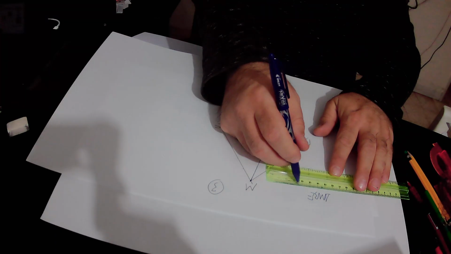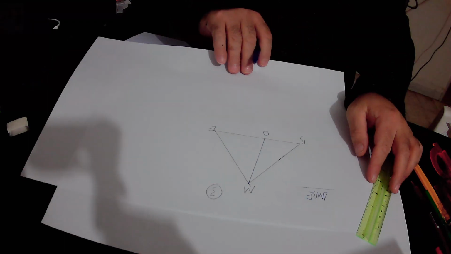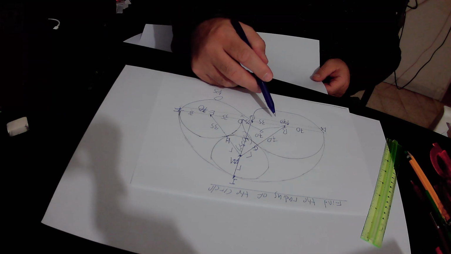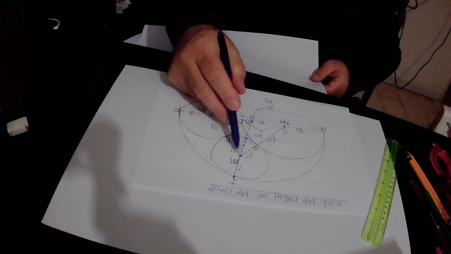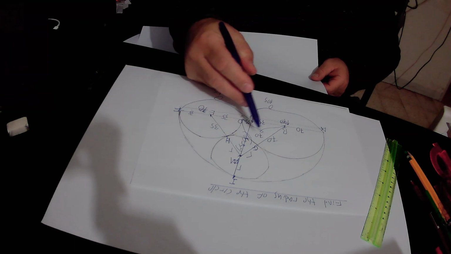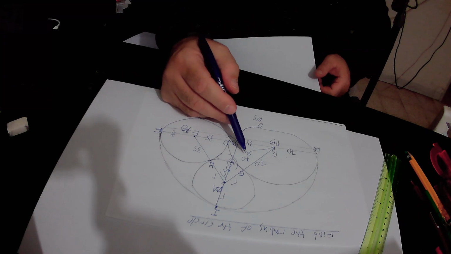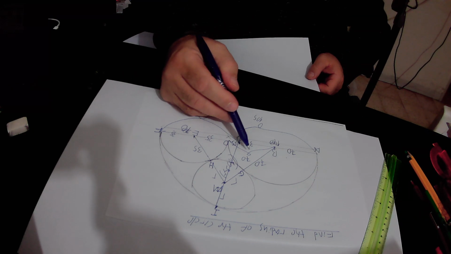According to Stewart's theorem, so first of all, the length of BM is BG plus GM. That is to say, it is actually 70 plus r.